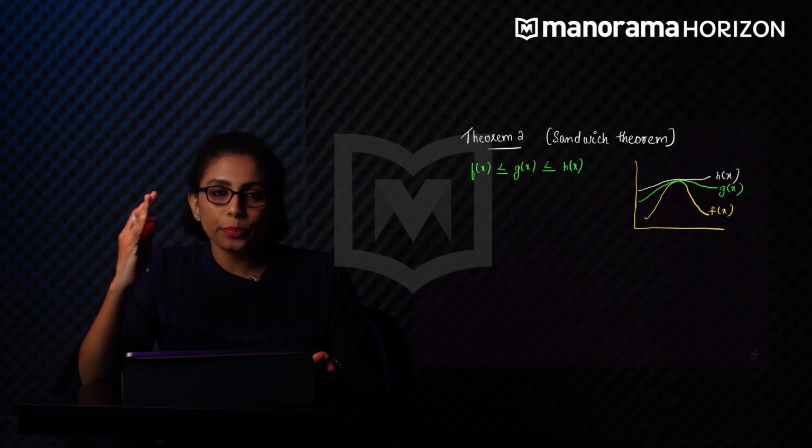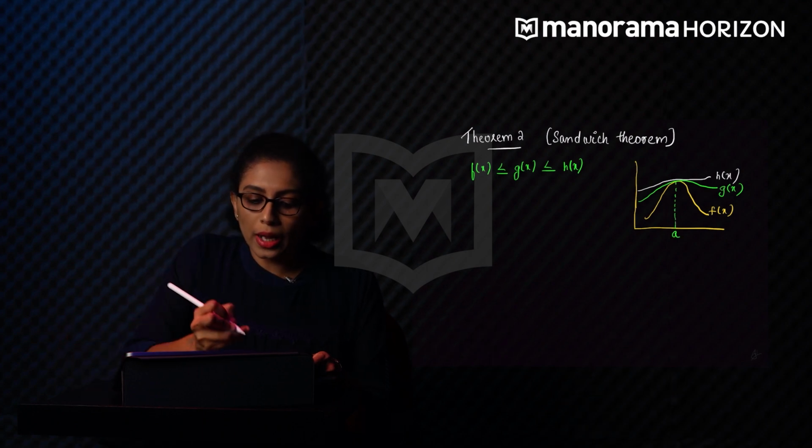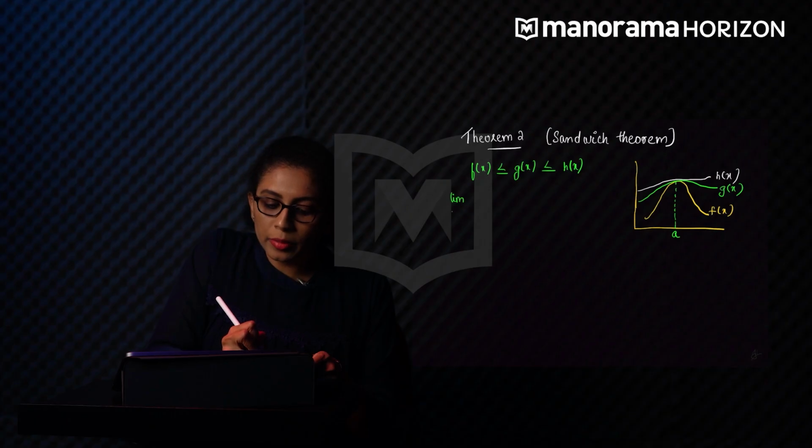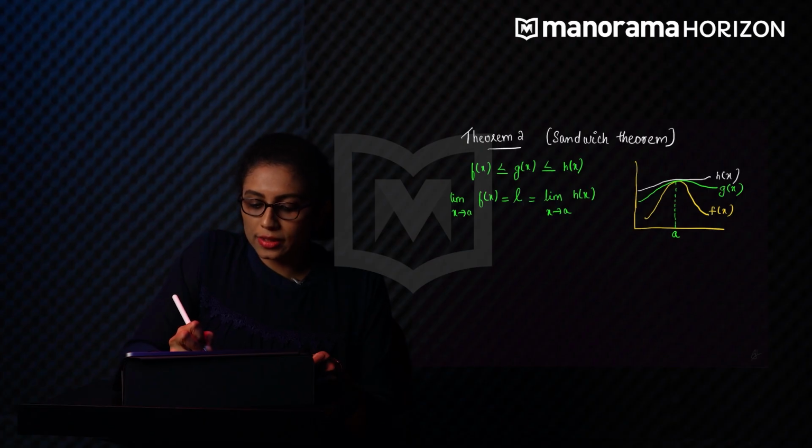Now if I take some point in the domain, say the point a, then if I apply the limit, limit x tends to a, f of x is equal to L, which is equal to limit x tends to a, h of x.